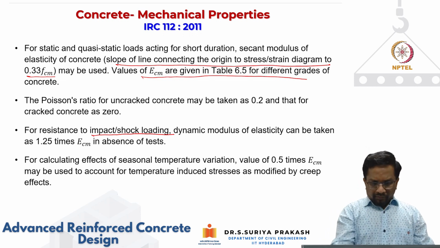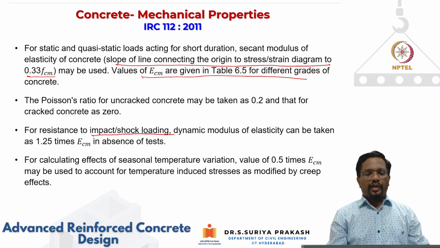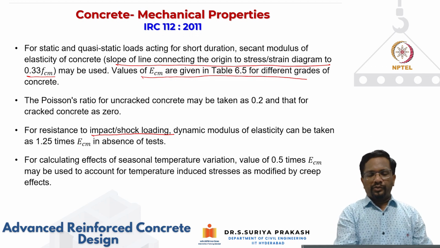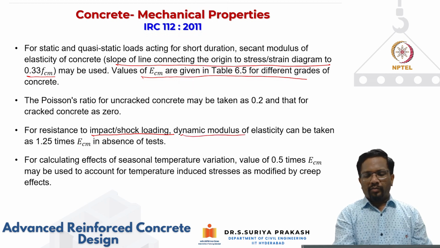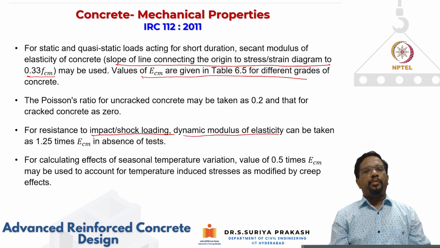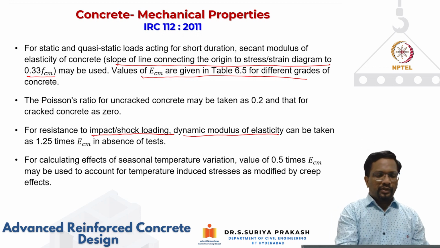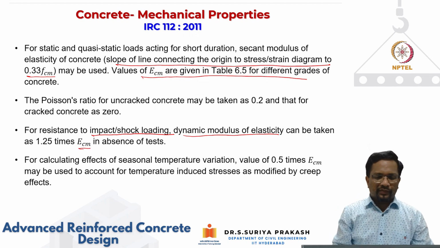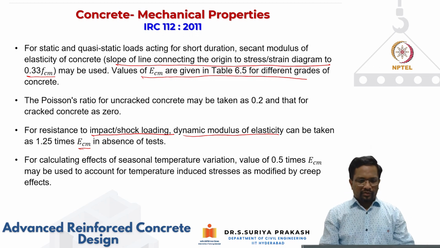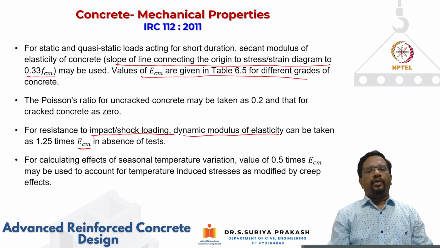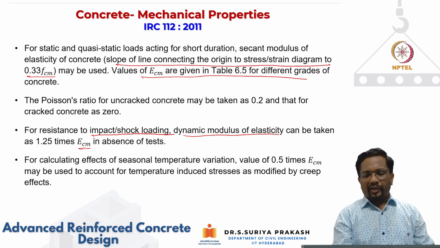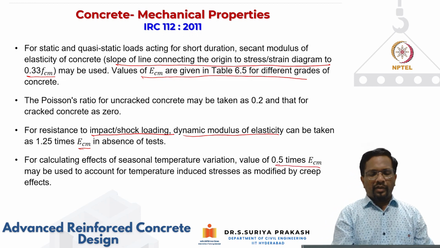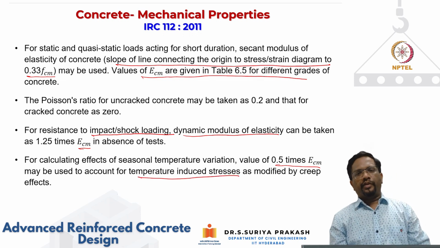So your material properties have to be amplified. We have to use not the static modulus of elasticity, but the dynamic modulus of elasticity, which can be taken as 1.25 times your ECM. This is what's specified in your IRC 112. Okay. Again, for calculating the stresses from seasonal temperature variations, you can take half of ECM for accounting for temperature induced stresses, which are also modified by the creep effect.